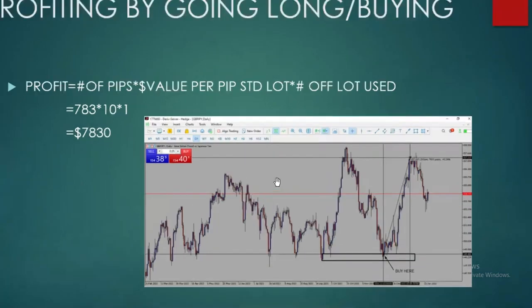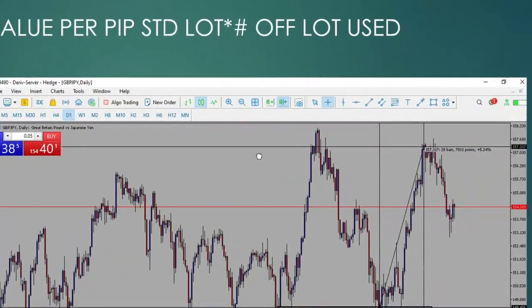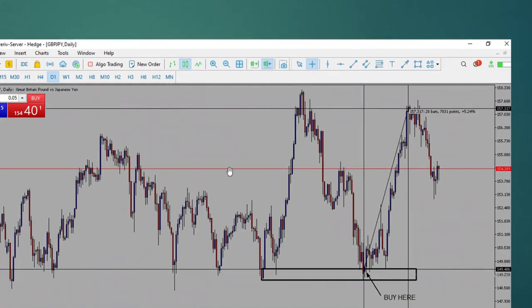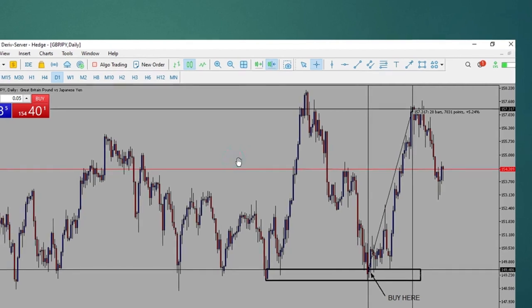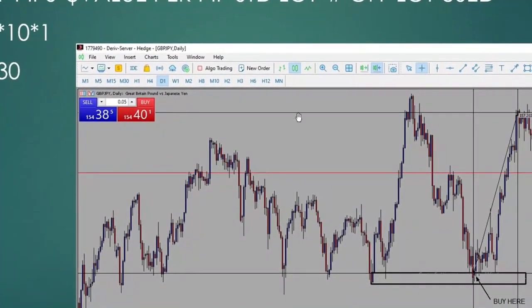So if you take a trade with a lot size of 1, from this point to that high, you are going to make 7,830-something US dollars from that move, right? And when we explain our trading platform, you see here it's written sell and buy. In the middle there, that's where you put in the lot size.